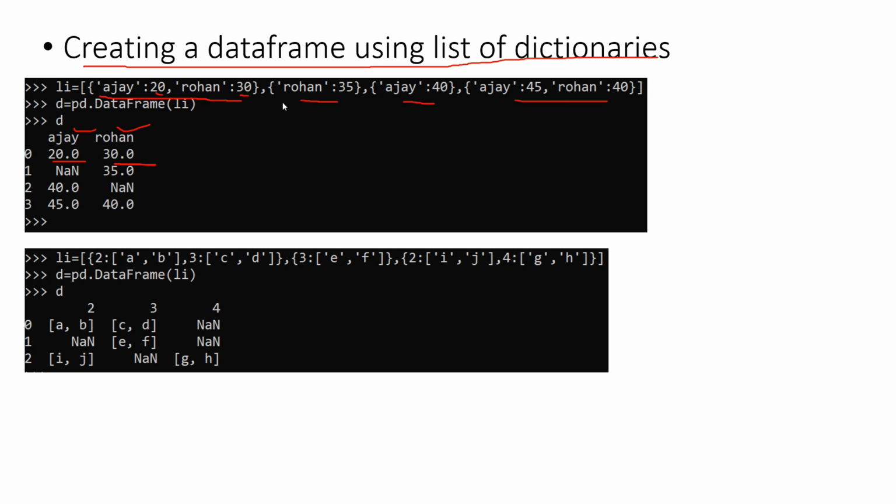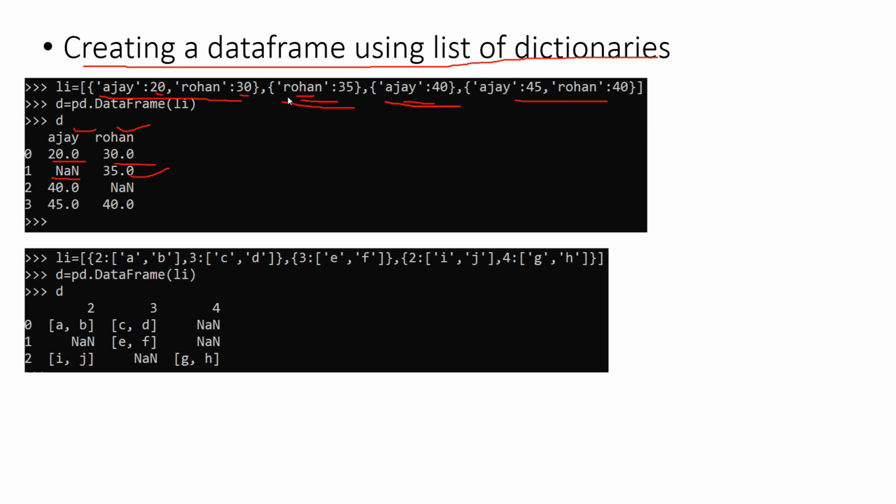The next item of the list, which is the second row, consists of only a single key, that is Rohan, and there is no value for Ajay. So in place of Ajay, by default pandas inserts NaN, not a number, and under the Rohan column it specifies 35. Is that clear? The next item, that is the next row, consists of only 40.